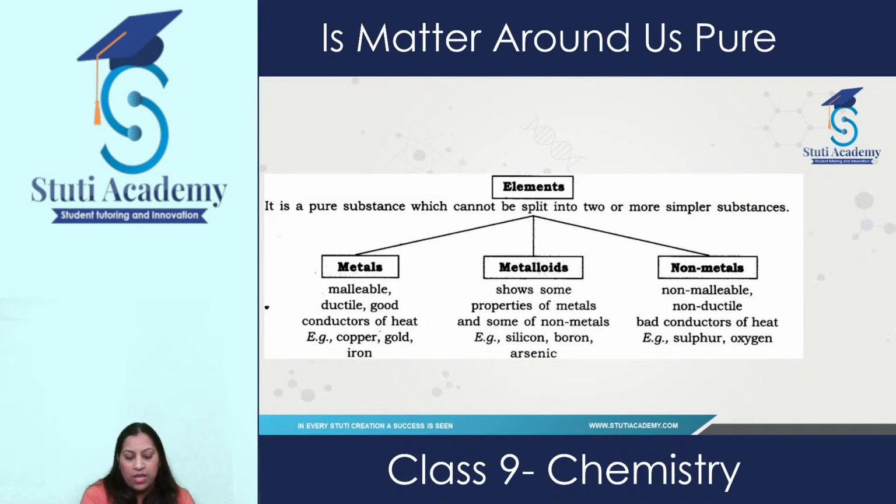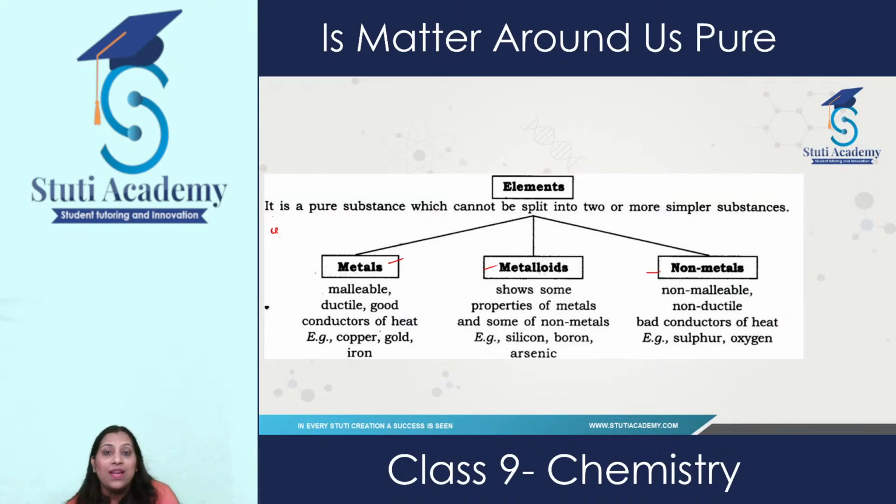As I have already given so many examples to you, like oxygen, hydrogen, copper, aluminium. So these are all examples of elements. And these elements are further of three different types: metals, non-metals, and metalloids. So first we'll study about these types of elements in detail.